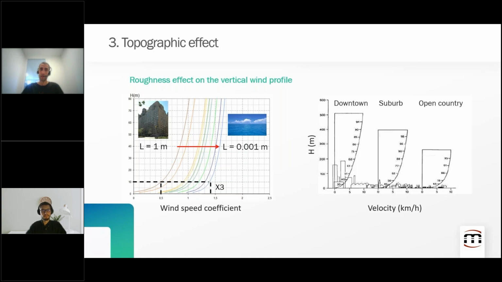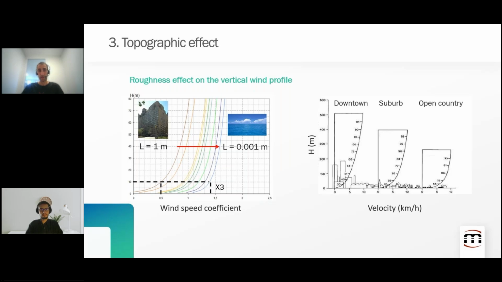On the left one, you have the city, where the roughness is very high, 1 meter. And on the other side, you have a very flat land occupation: the sea, the ocean, with roughness length very small, about millimeters.